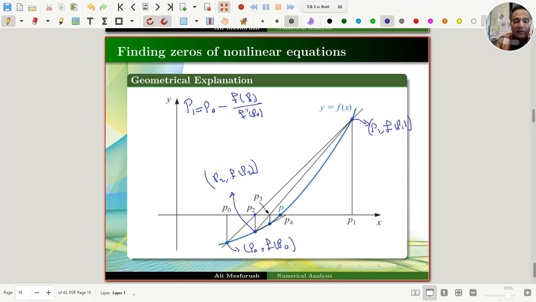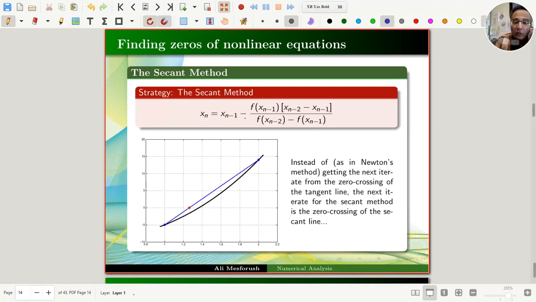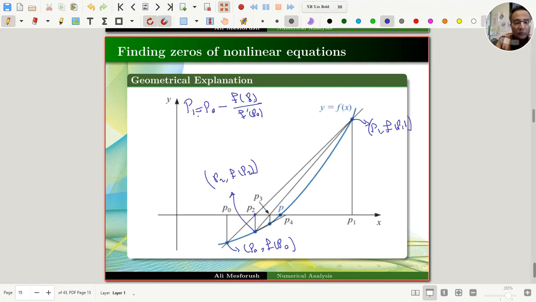In fact, here I use this equality to find the new point. The new point p2 is, let me clear this.